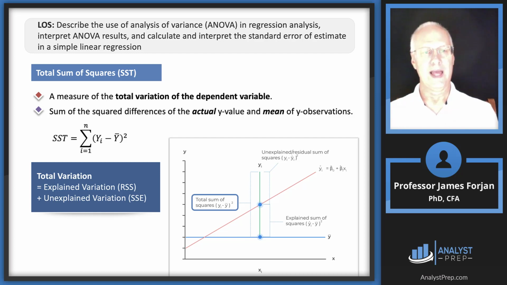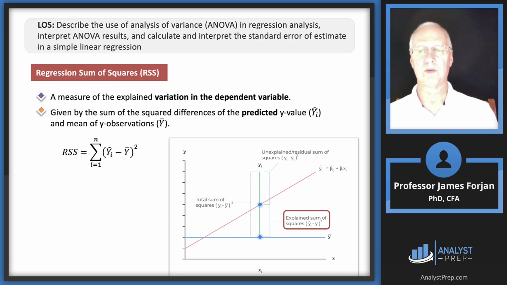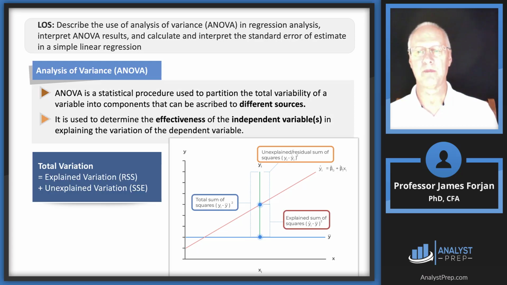And this SST, sum of the squares total, is a measure of the total variation. And so I think I'm going to go back here and do these three. I think that these three pictures, illustrations, are super important to be able to describe the use of analysis of variance, because this is exactly what we're trying to do.